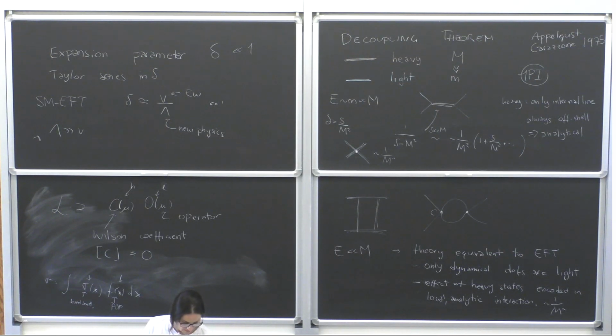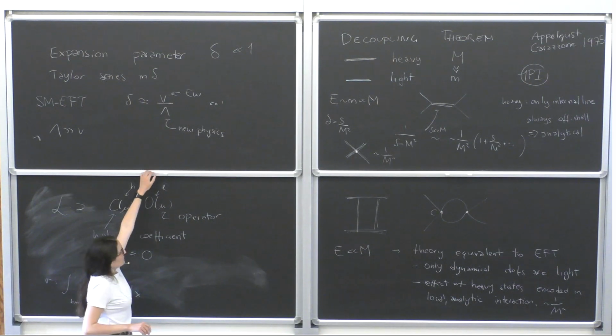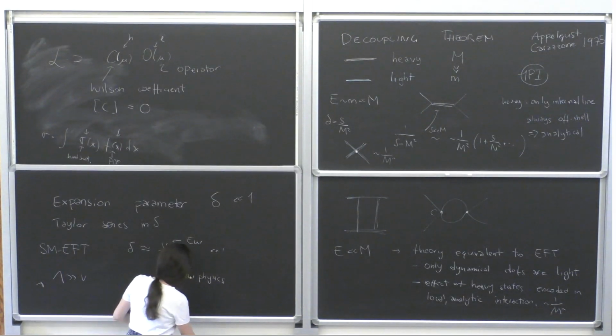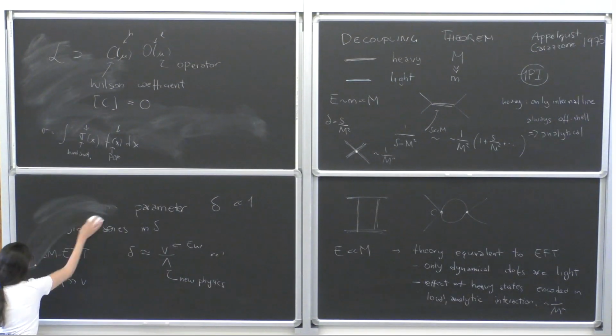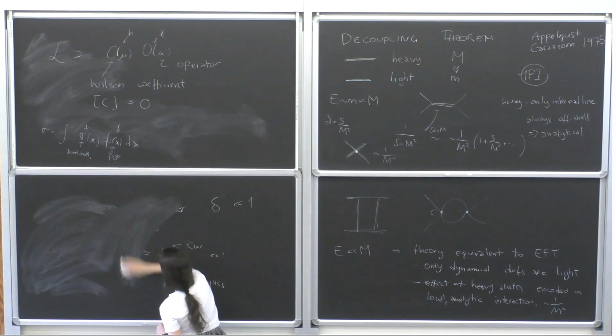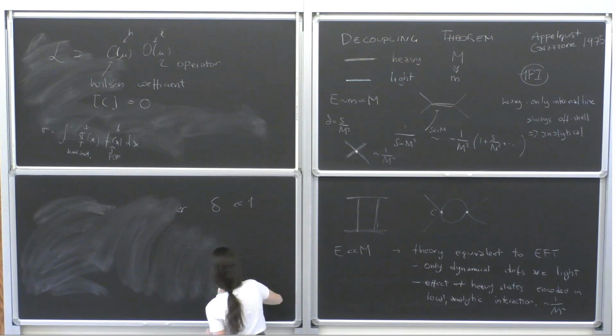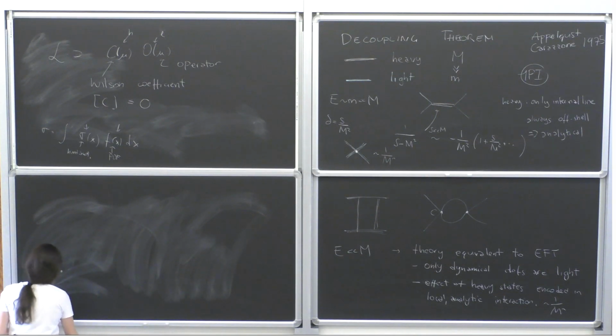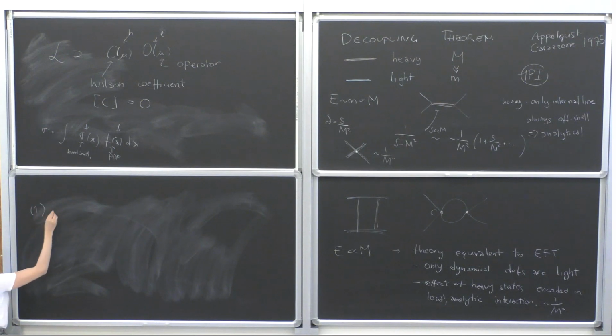Okay, so going to a bit more technical side, an EFT in general is defined by two things, or three, depending on how you count them. So what you need to specify to construct an EFT is first the field.